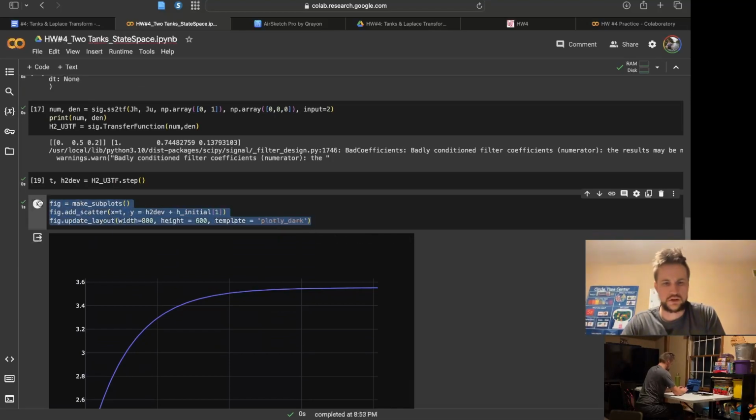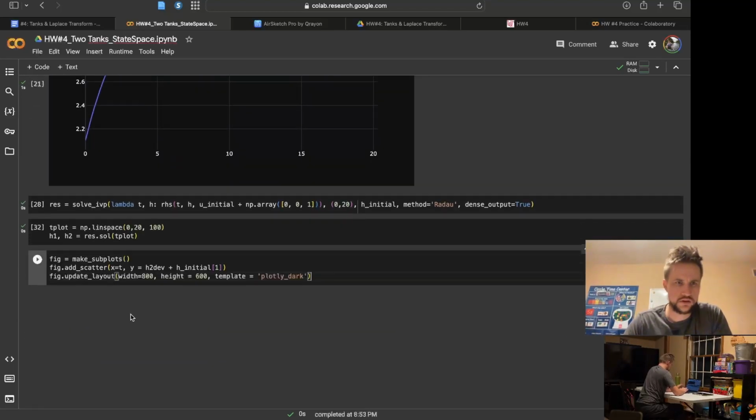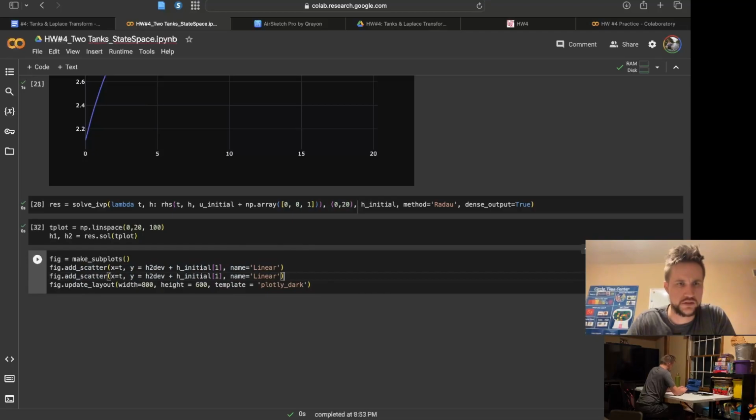Let's copy a lot of what we've already typed so we can compare and contrast. All right, so this is our first initial one. We'll give this the name of linear, so we can just compare the two. And then add this in again. This one is called time plot.